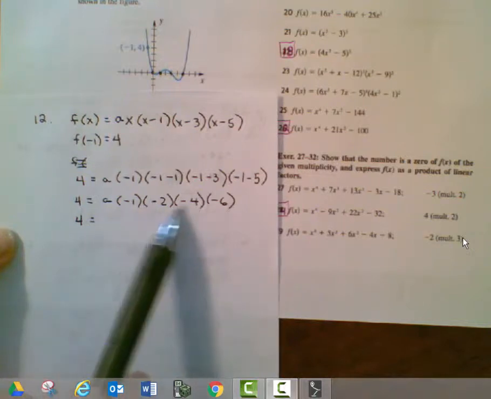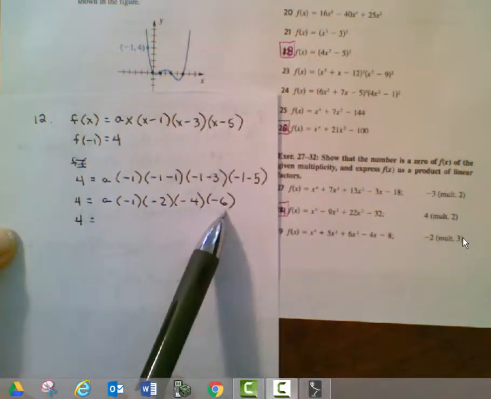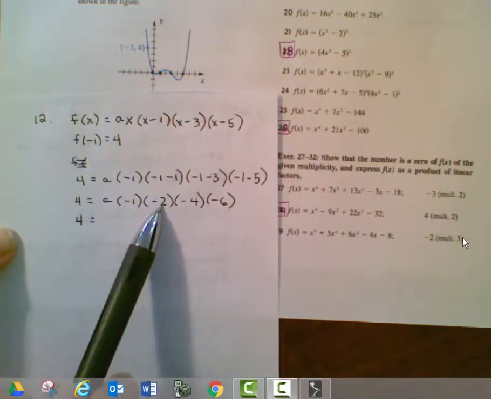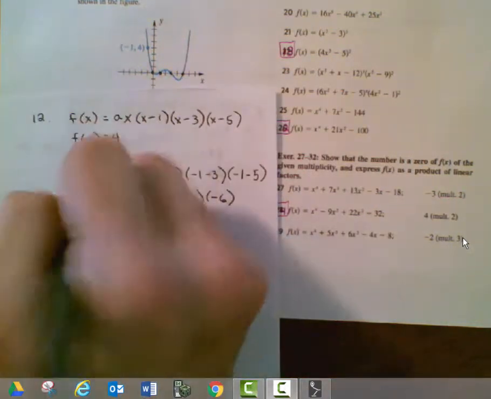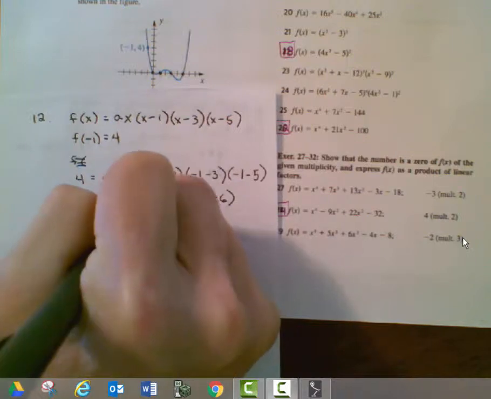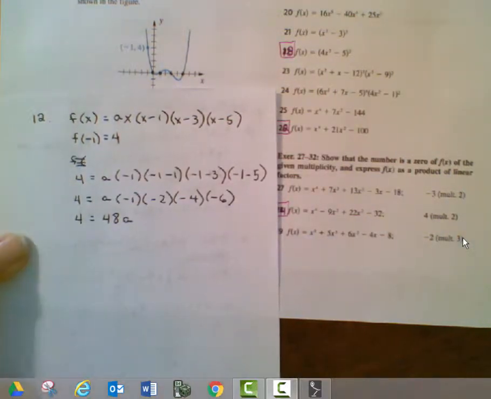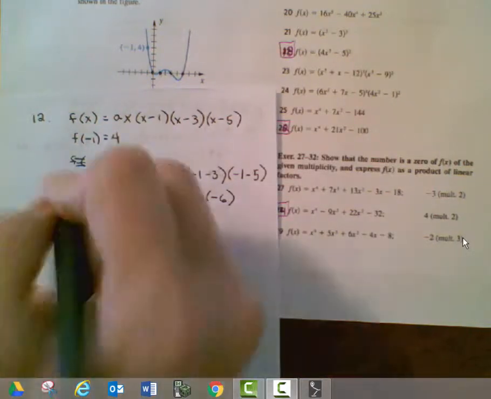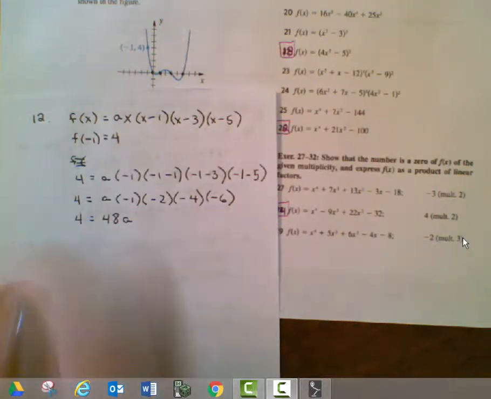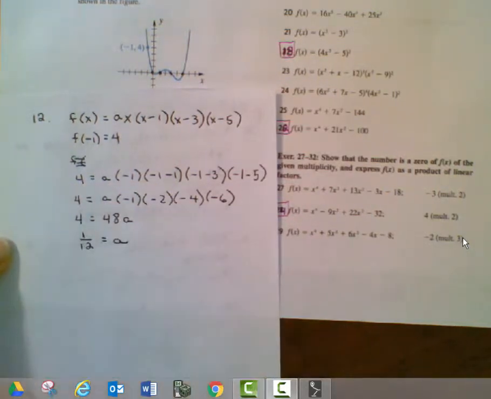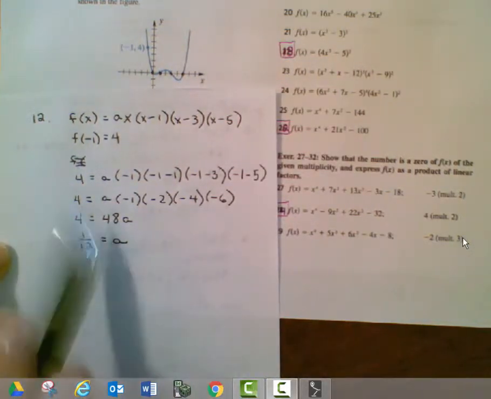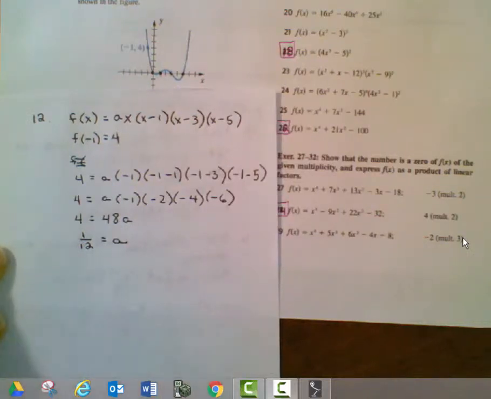And when I multiply 4 negatives, I get a positive. So 1 times 2 is 2, 2 times 4 is 8, 8 times 6 is 48. And if 4 equals 48a, and I divide both sides by 48 and reduce that, the coefficient that I need to satisfy this last condition is 1/12.